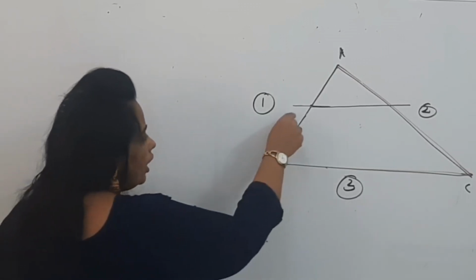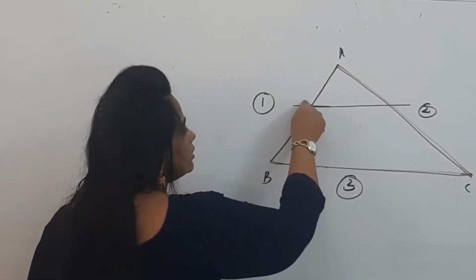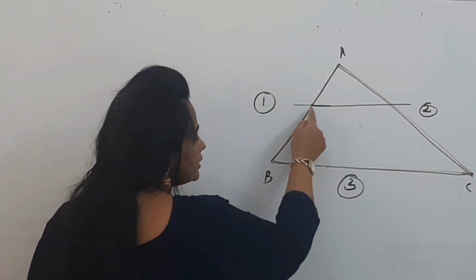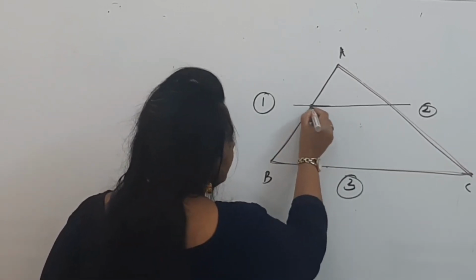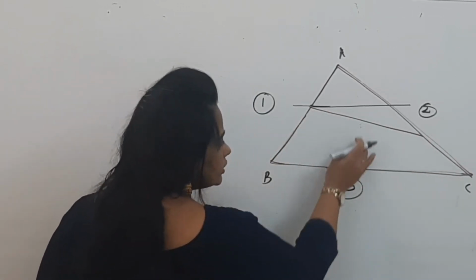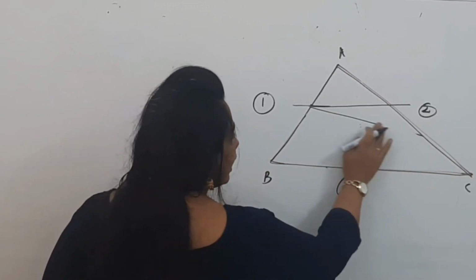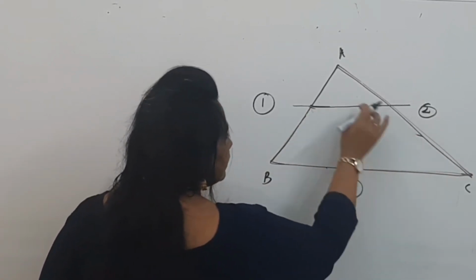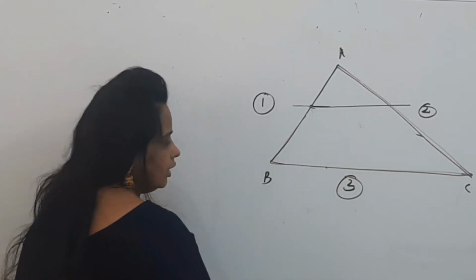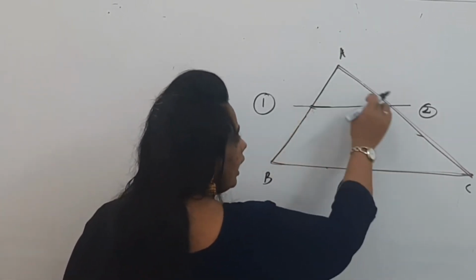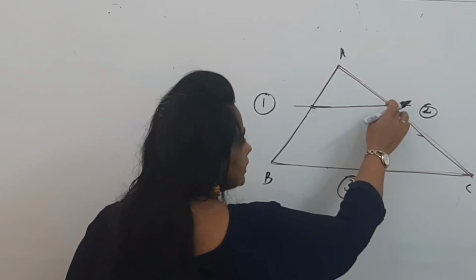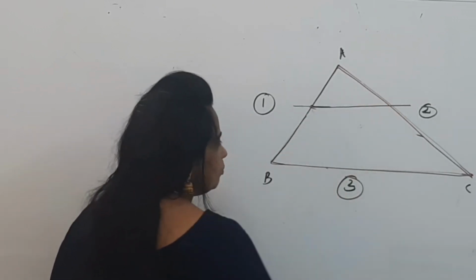Now I draw a line from one point on the first side of a triangle such that it must be parallel. I am not drawing it like this, because, see, it is not parallel. I have to draw it parallel to the third side, and it will intersect the second side at a distinct point.